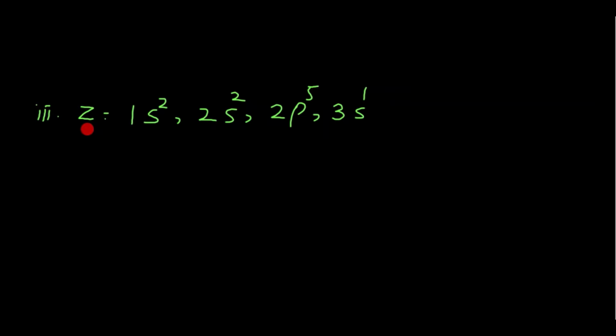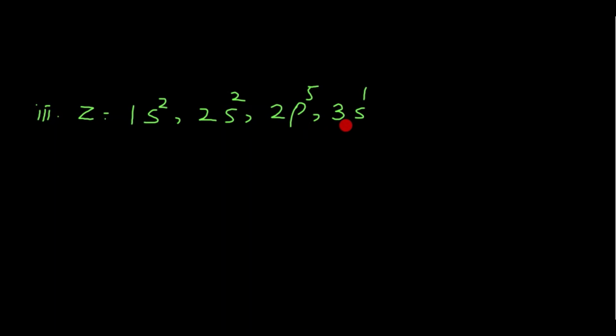The next element is Z is equal to 1s2, 2s2, 2p5, 3s1. The mistake in this electronic configuration is p is partially filled, since the maximum capacity of p is 6 electrons. Here 5 electrons are present in p and 1 electron is written in 3s, which is incorrect.